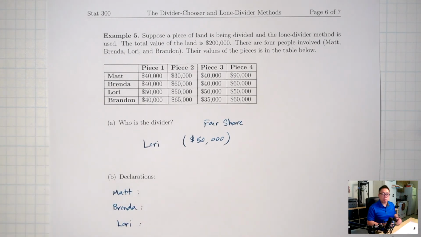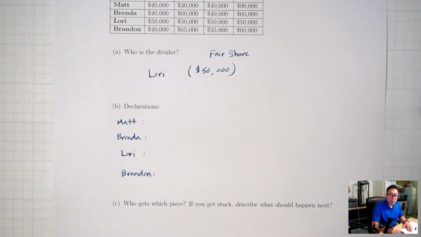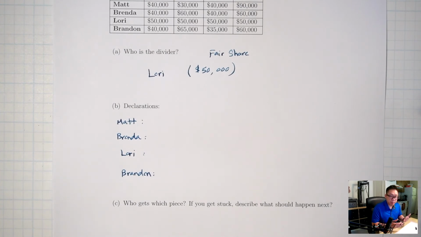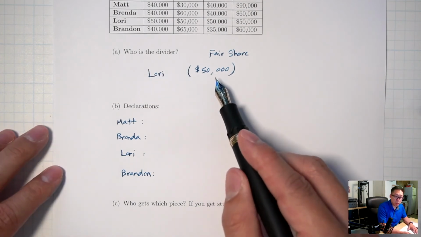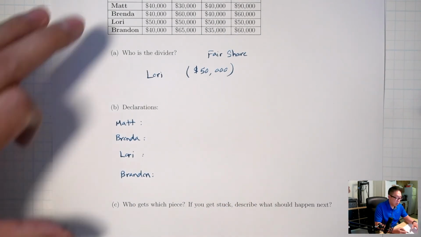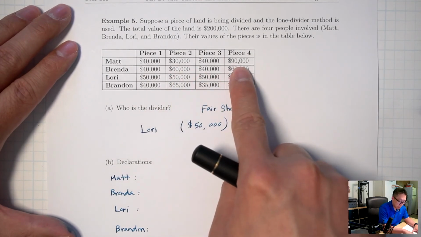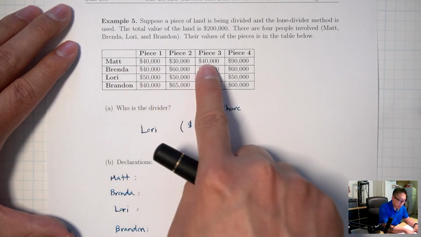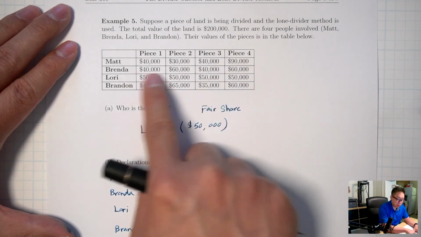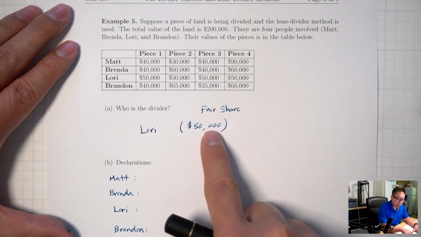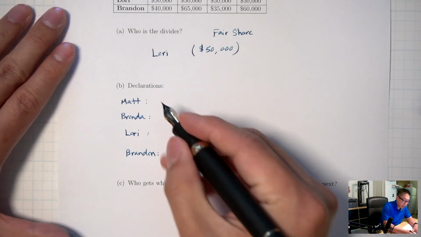And what this means is we're going to go through and list out which pieces each person would accept. So each person would accept any piece that is $50,000 or more in their eyes. For Matt, $40,000, $30,000, $40,000, $90,000. Matt would only accept the $90,000, right? That's the only one that is worth $50,000 or more. So Matt is only 4.